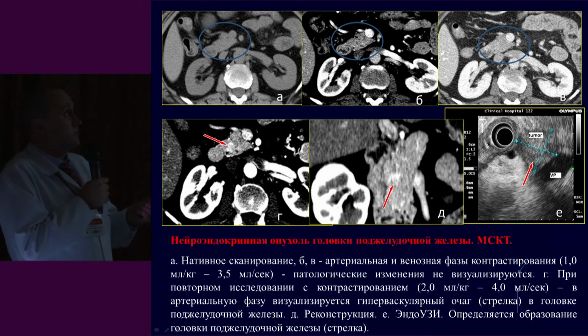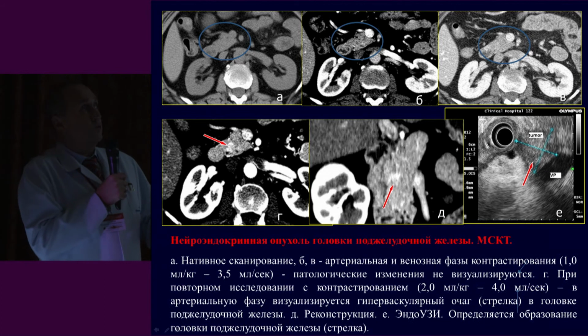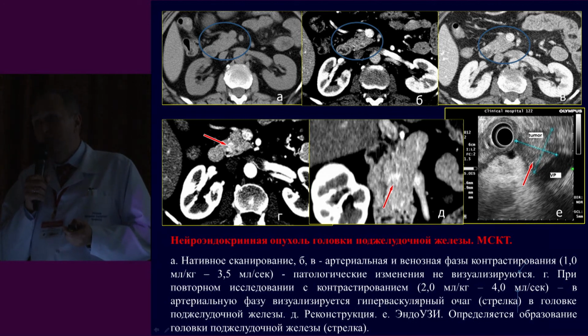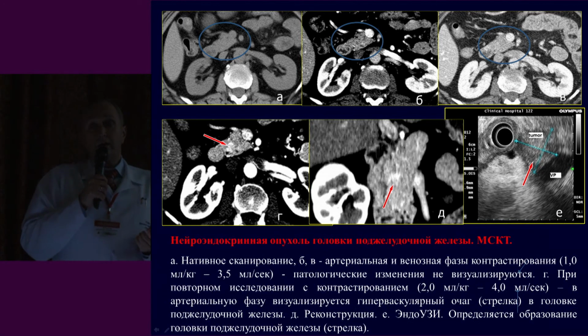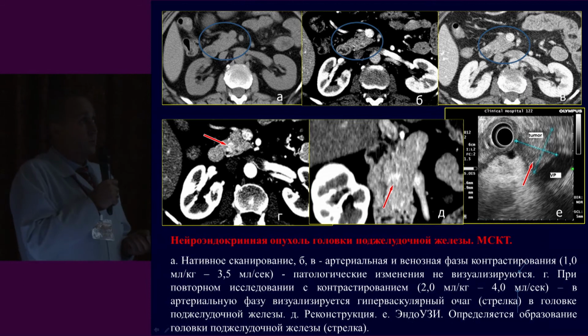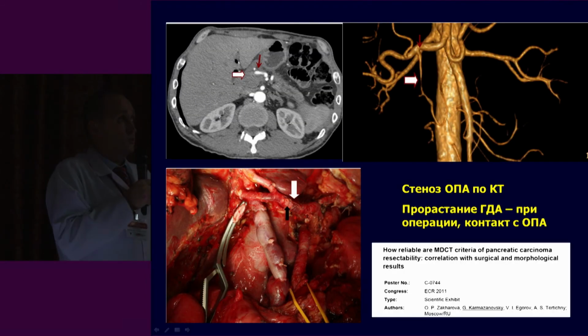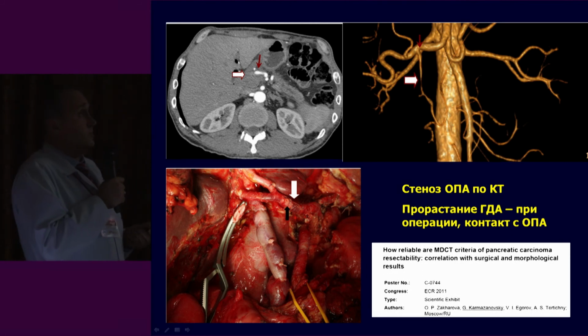So in a number of cases when we cannot visualize certain structures, you can give double contrast. And you can see the endoscopic ultrasound here, EUS. If the CT and MRI don't verify the diagnosis, then EUS also can be applied with very good diagnostic value.